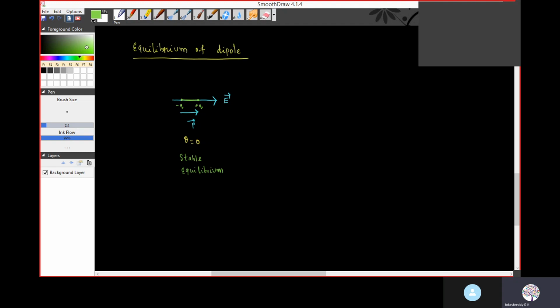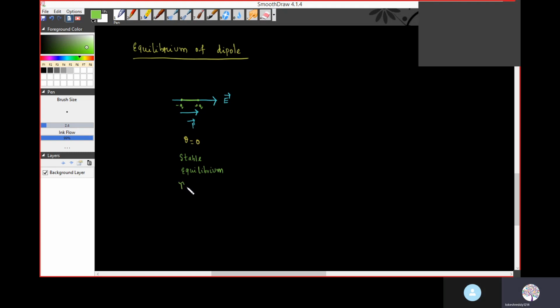Because stable equilibrium means if I move it slightly and leave, then again it will come back to this position. So that's why I call this stable equilibrium. In stable equilibrium, it will try to align itself again in the direction of electric field. If you slightly move it like this, then again it will come back to its original position. That is called as stable equilibrium.